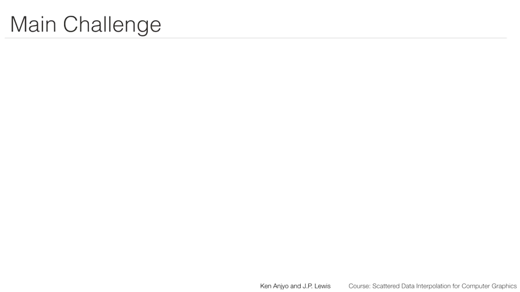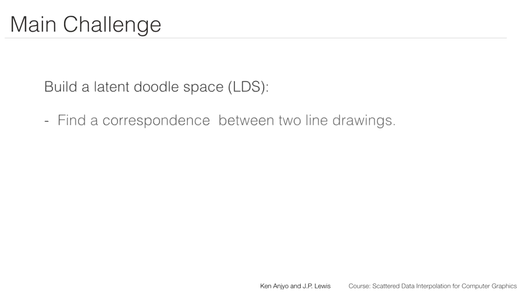So in the video, we show this technique, latent doodle space. Let me explain how to construct that space. First, as shown in this video, we have several, typically 4 or 5, similar hand drawings, in the case of the face model.